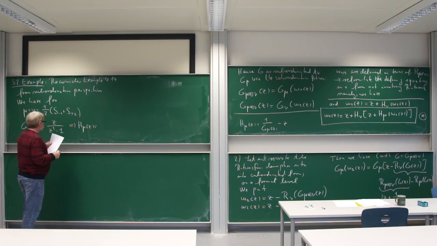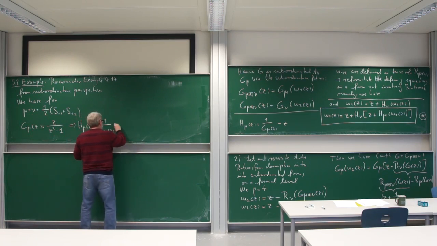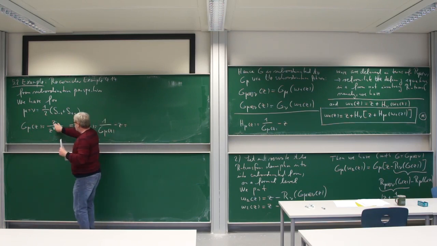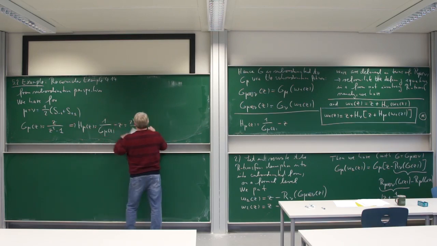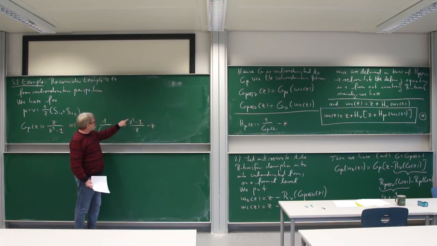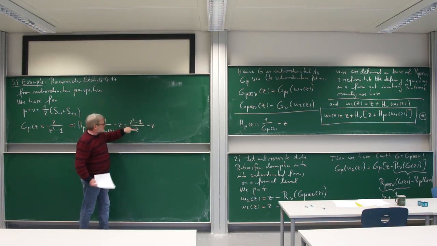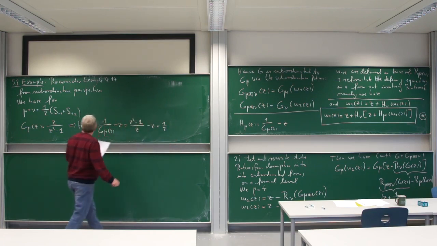This is 1 over G mu of Z minus Z. G mu is this, so 1 over this is Z squared minus 1 divided by Z, and then we are subtracting the Z. So you see, it's getting very simple. Z squared divided by Z is just Z, which cancels this, and we just remain with 1 over Z. This is just 1 over Z.